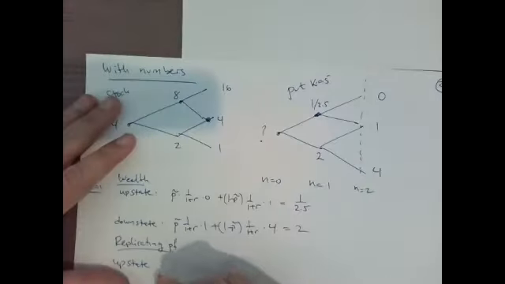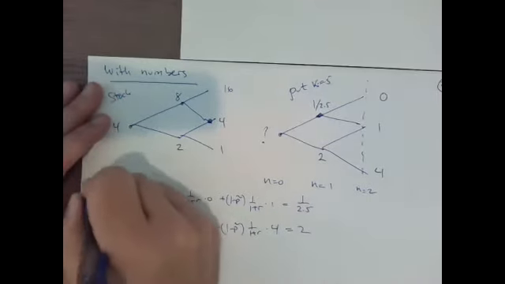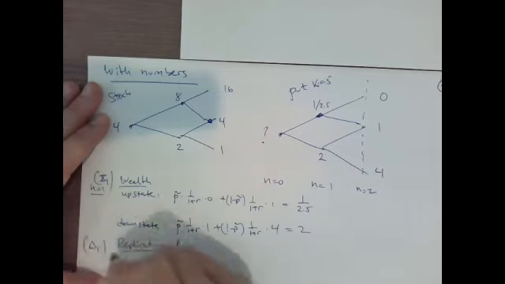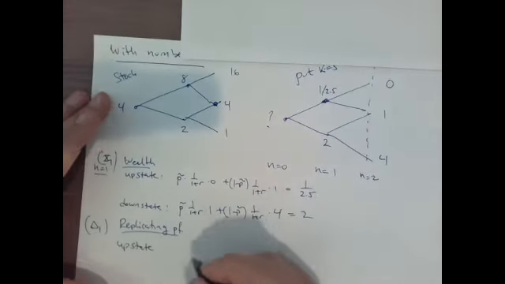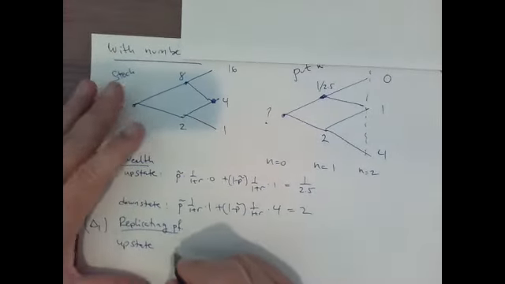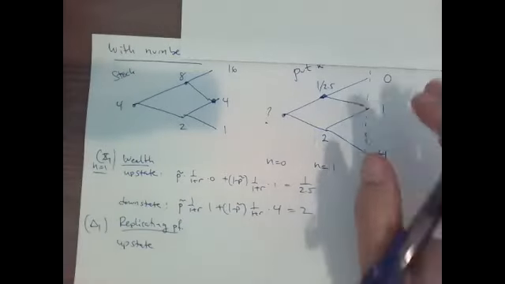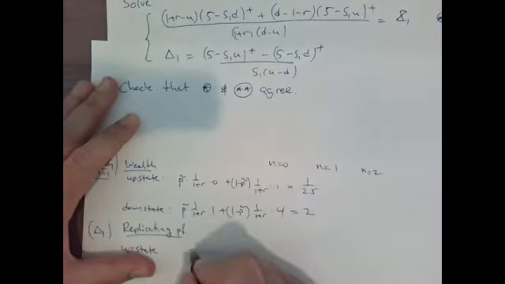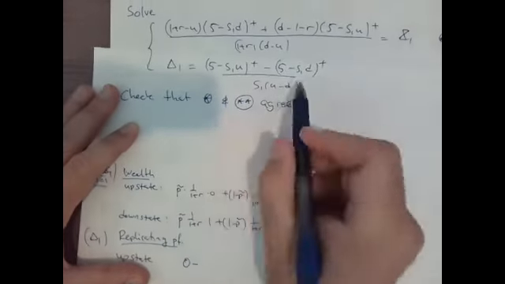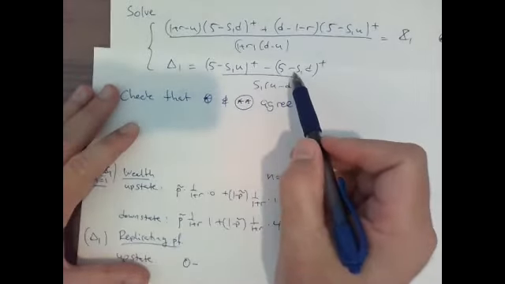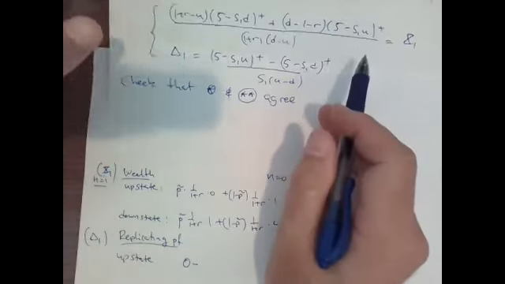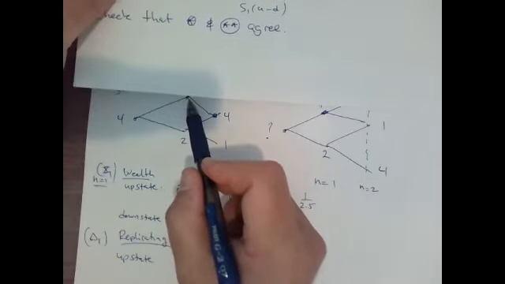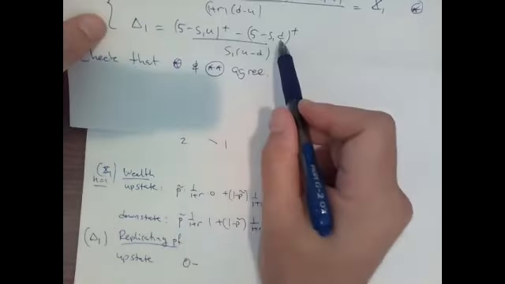So this here is my x1. This here is my delta 1. So in my up state, I will have, the first one was a 0, minus, and then what's the other one? 5 minus, and then it's S1, times 8 times D, which was a half.